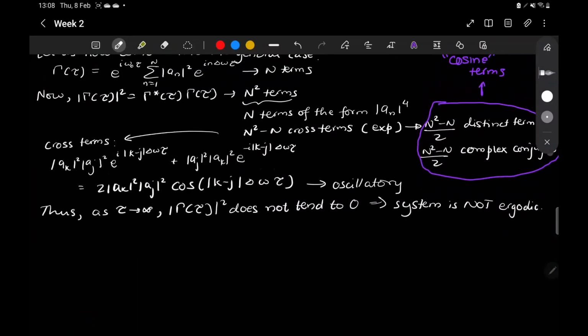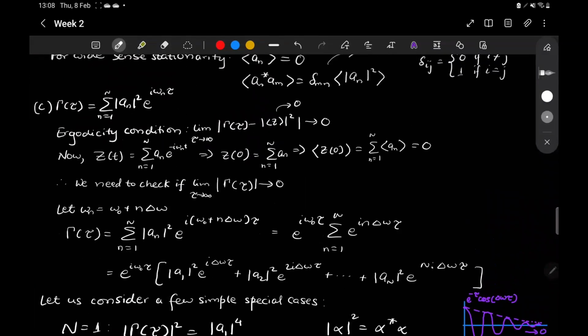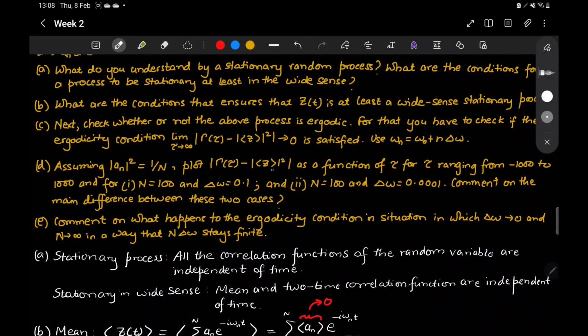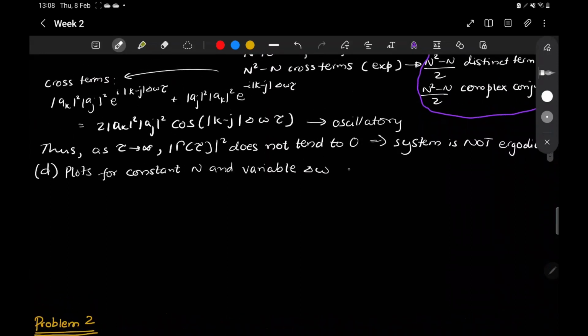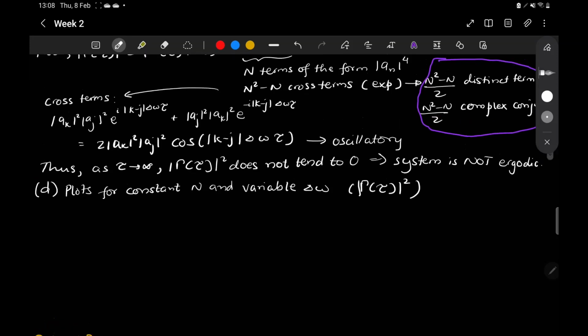Let me write down. So part D is basically plots for constant n and variable delta omega. And what are we actually plotting? We are plotting mod gamma tau squared, and we will use Mathematica simulations.